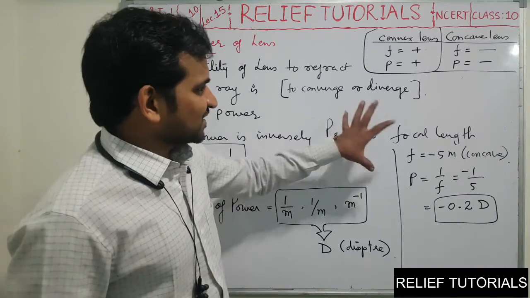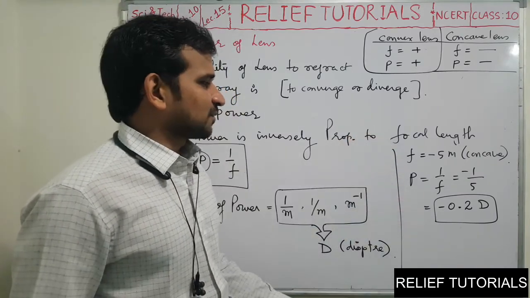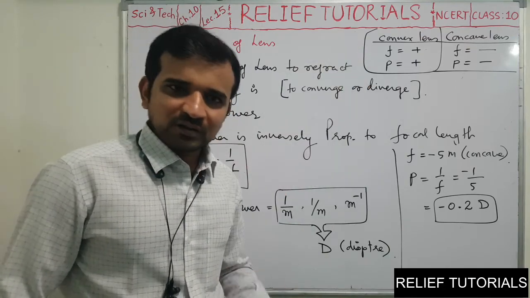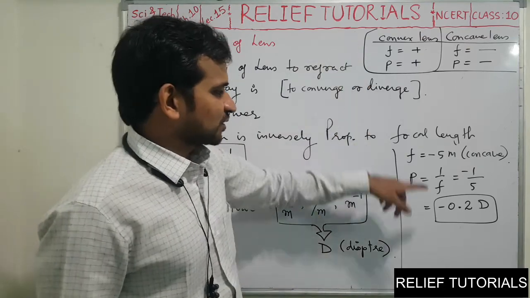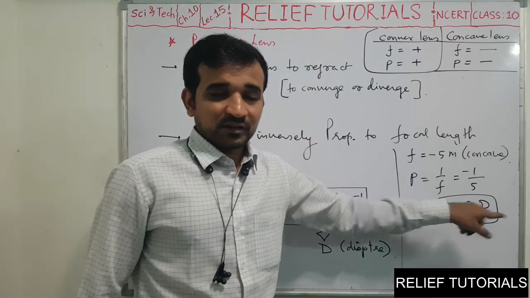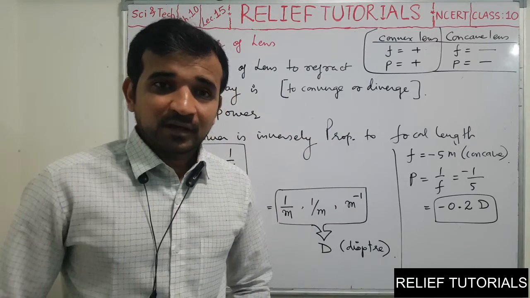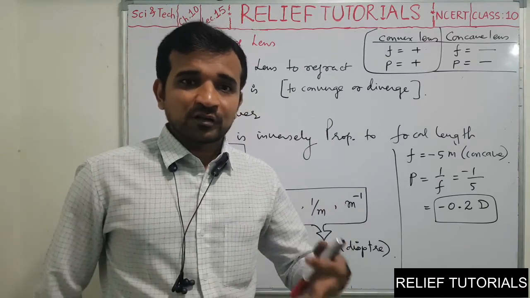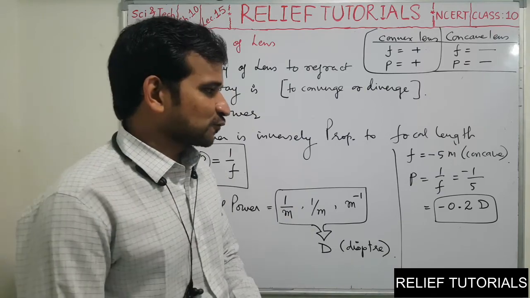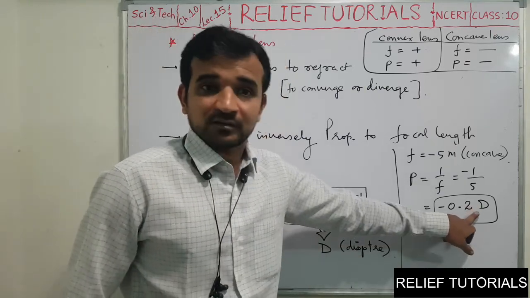Okay, so a lens is normally described by its focal length or its power. Doctors normally use diopter terms to represent the lens. The specs which we wear have numbers like 2 or 3. What are these numbers? Actually, these 2 or 3 are nothing but its power.